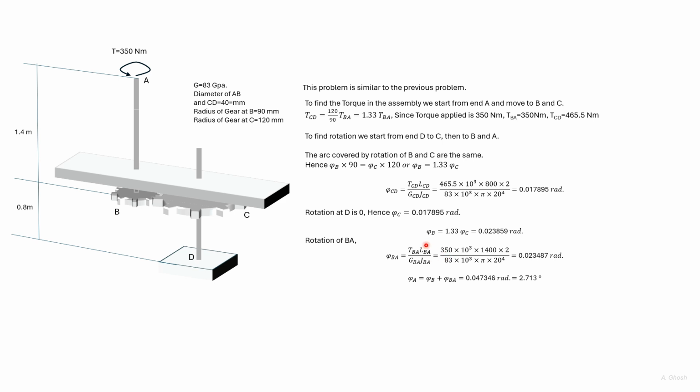So this is the torque and we know L, G and J. So this is the value. Phi A is given by adding phi B and this value, which we get in radians, which we turn into degrees.